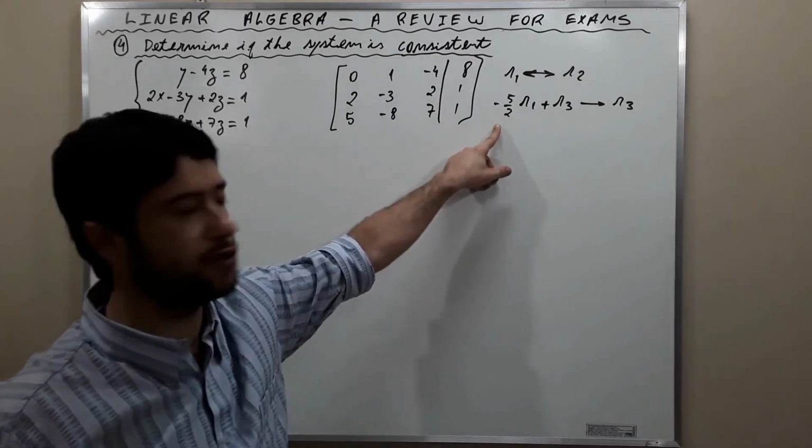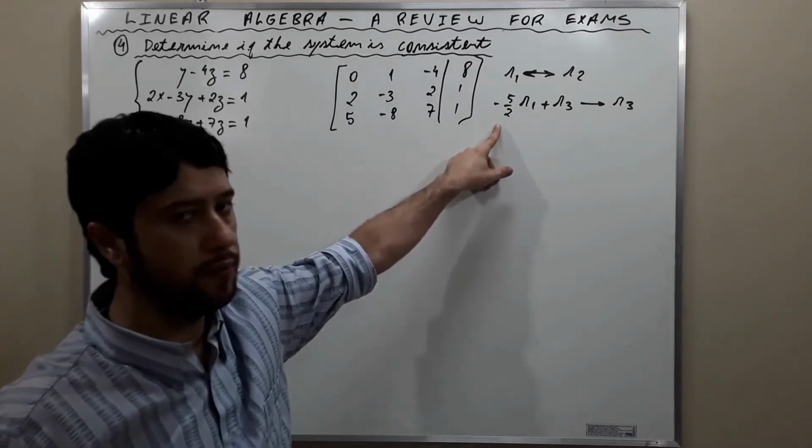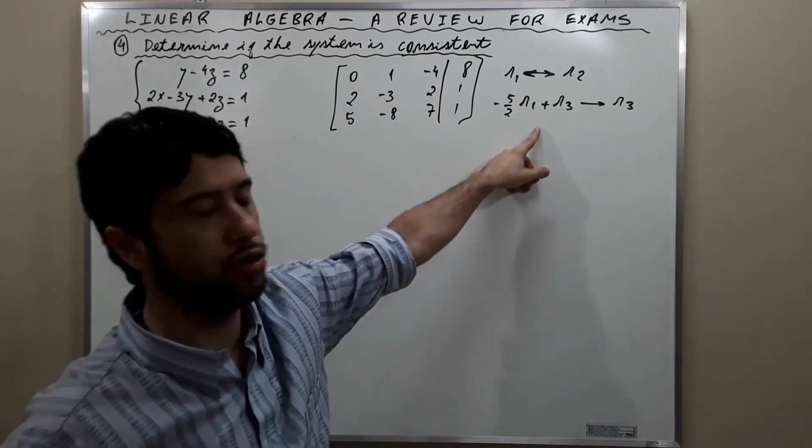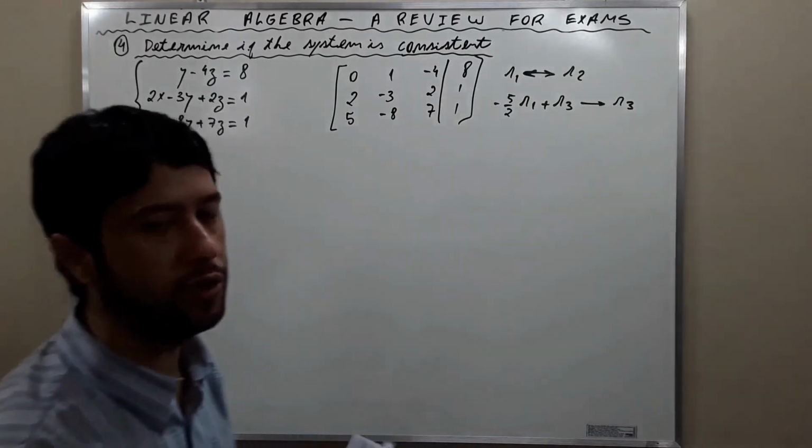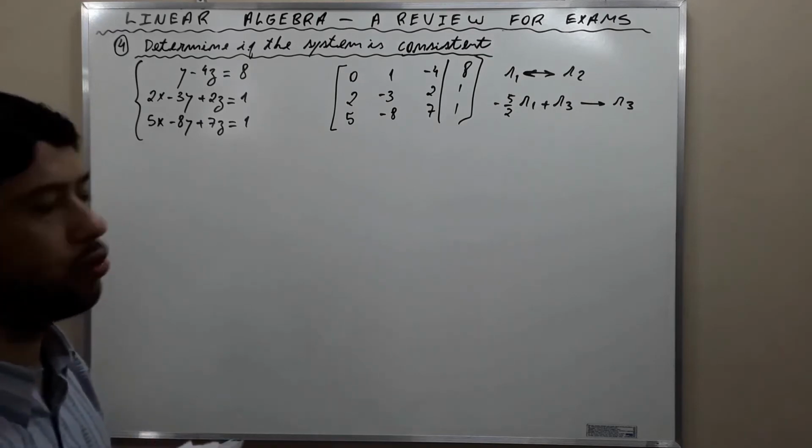Negative 5 halves times row 1 plus row 3, and we are going to substitute this resulting row 3.